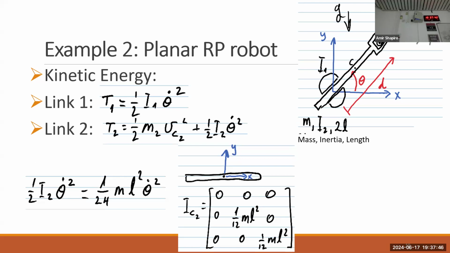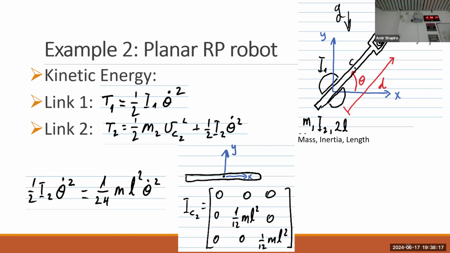So let's see the kinetic energy. The kinetic energy of firstly the base, which is only rotating, so it has only kinetic energy of rotation, which is half omega transpose I omega, but omega is only theta dot. So we have half I1 theta dot squared.